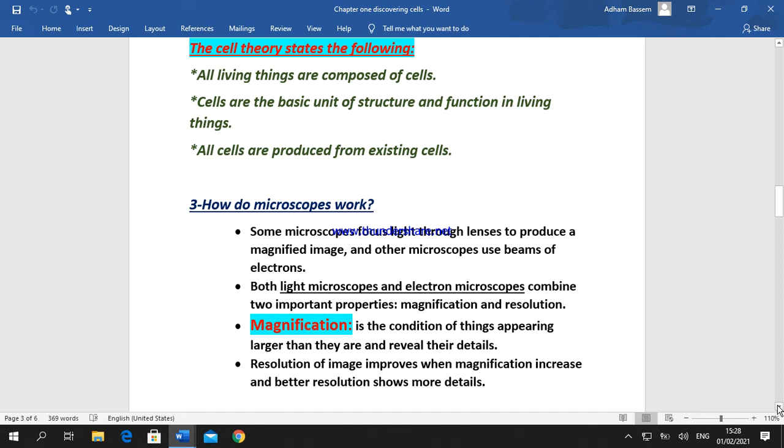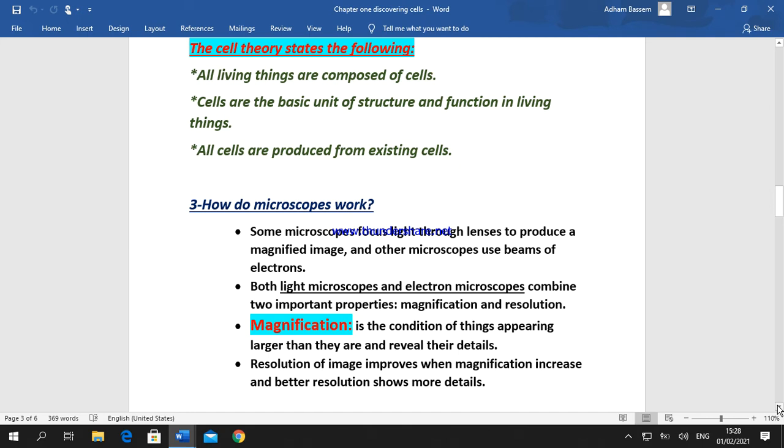So how do microscopes work? Some microscopes focus light through lenses to produce a magnified image. They depend on focusing light through convex lenses.